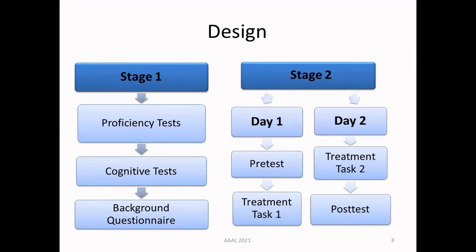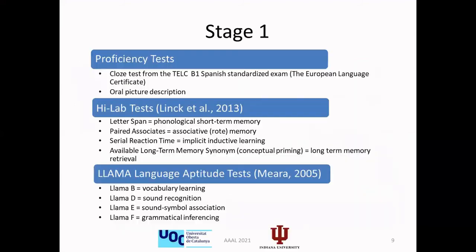At the end of the first data collection stage, these 135 learners were invited to participate in the second stage of the experiment and were randomly assigned to one of three groups: implicit feedback, explicit feedback, or control. In the second stage, a pretest, 2 treatment sessions, and an immediate post-test were administered to 113 participants. Here you can see a breakdown of all the tests that were administered in stage 1, in addition to the background questionnaire.